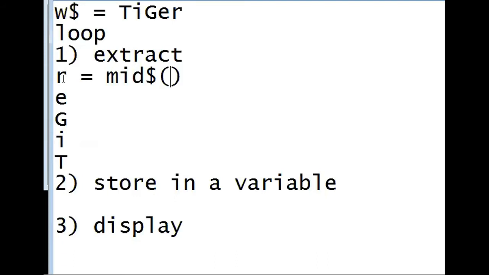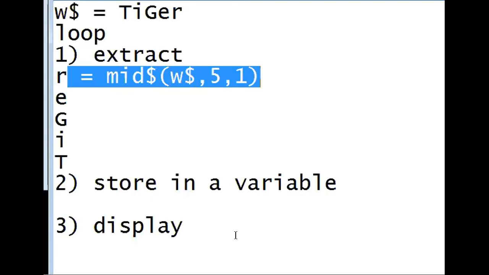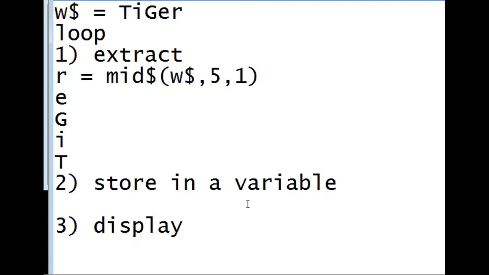In order to extract R, first of all, we pass the variable, which is W$, comma. Then, to extract R, we have to go to the fifth position. So here should be 5, then 1. For your information, we are using this particular word as an example. Okay, let me copy this.